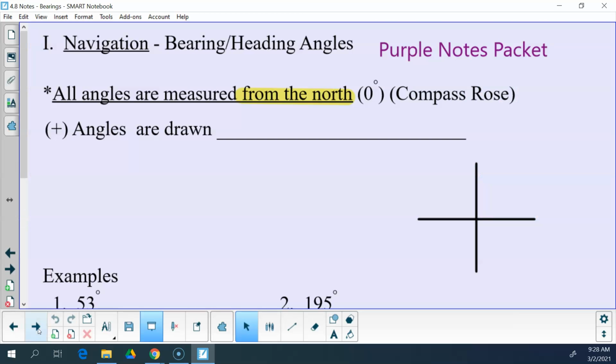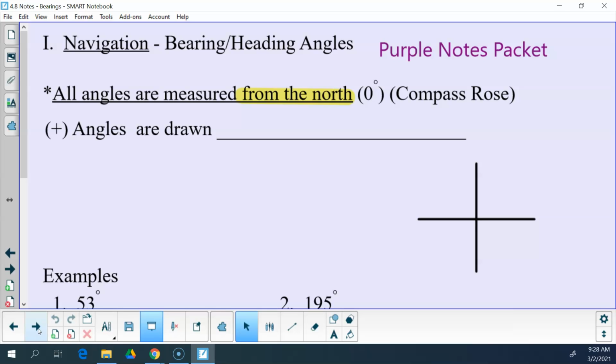Here we go. Okay. So we are in the purple notes packet. We are on page number 1 of that packet. That packet is good for the remainder of March. Okay, that's your March packet. Okay. So we put all of the navigation and all of the vector stuff in that one packet for you.